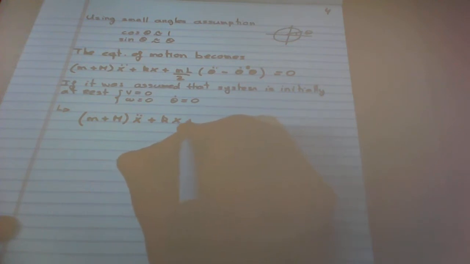For translation and rotation. So in that case, it would mean what? Theta dot equals 0. Okay, and then we have that equation here that will become m plus capital M x double dot plus kx plus mL over 2 theta double dot equal to 0.